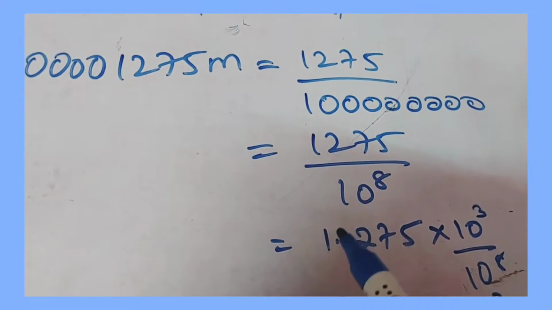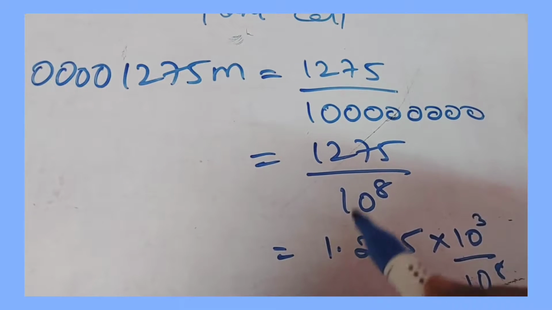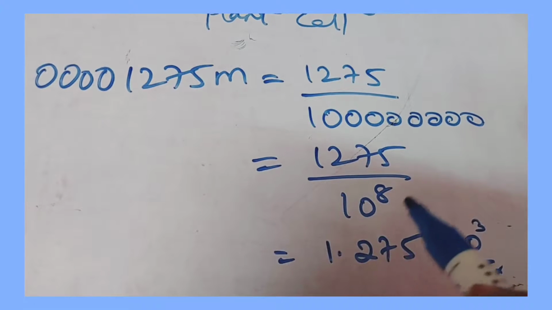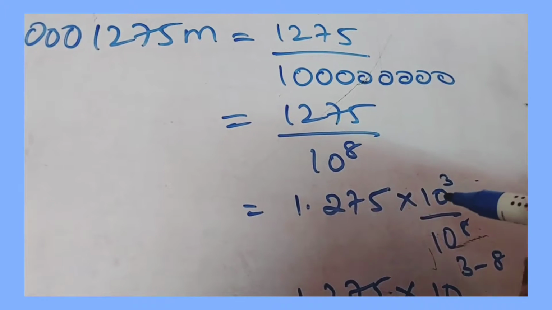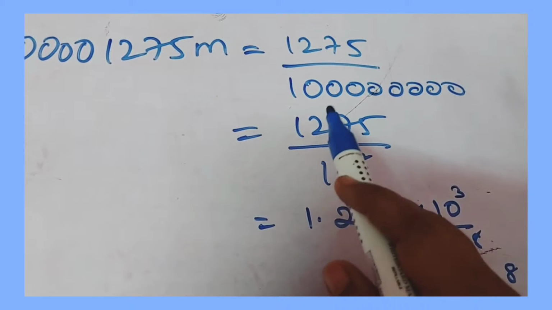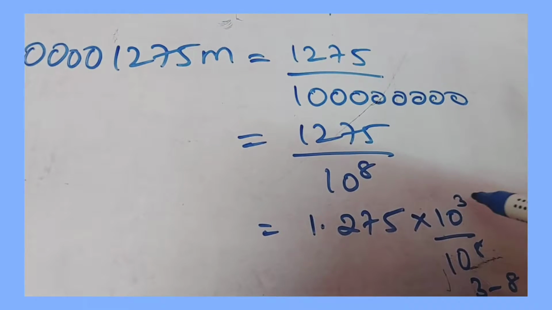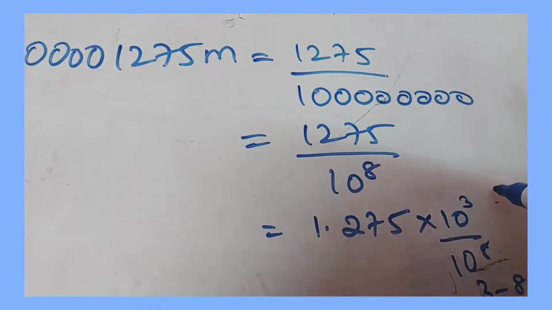Now you write 1.275. After 1 you have to put the point; after one number you put the point in this standard form. Then into 10 to the power of 3, because after the point there are 3 numbers.